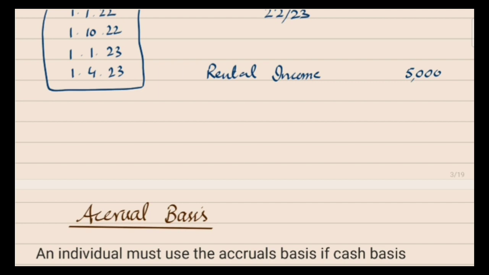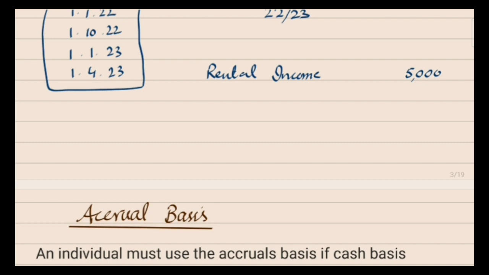Although on accrual basis, if we consider, we are renting out our building on 1st July, and in this tax year this building is let out for a period of 9 months: July, August, September, October, November, December, January, February, March. It is not let for the whole year, but we are considering the rent for the whole year period.